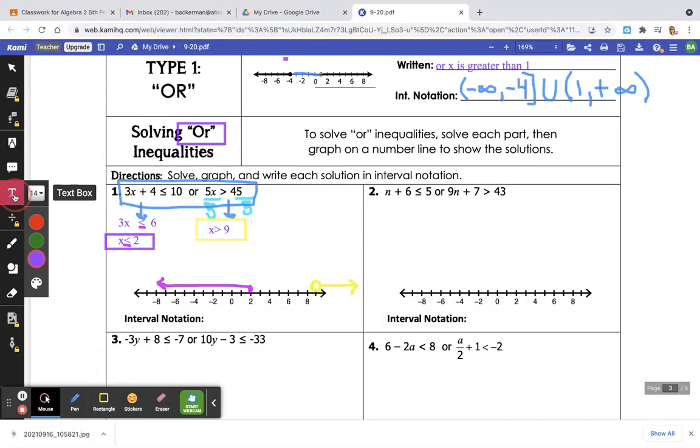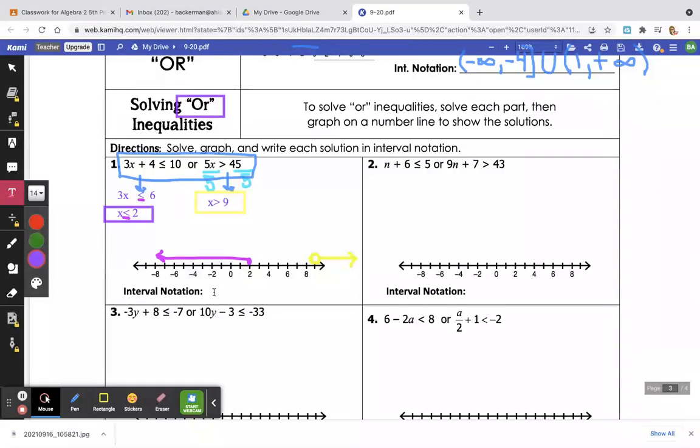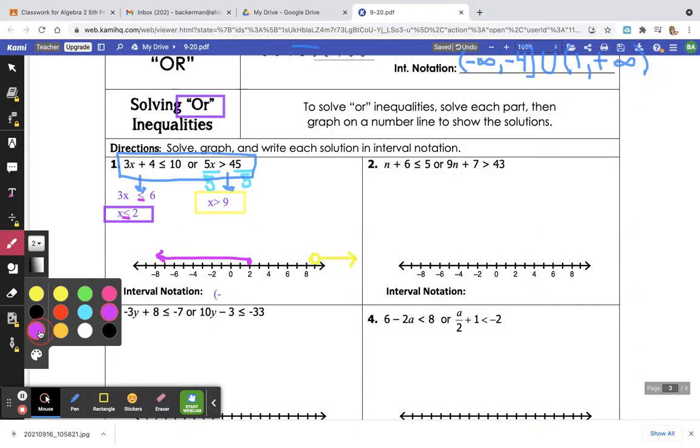And so if we write this as an interval notation, on this side, we have negative infinity. Again, negative infinity is going to be a parenthesis. And then comma, where do we end? We end at 2. 2 is included, so it's going to be a bracket.